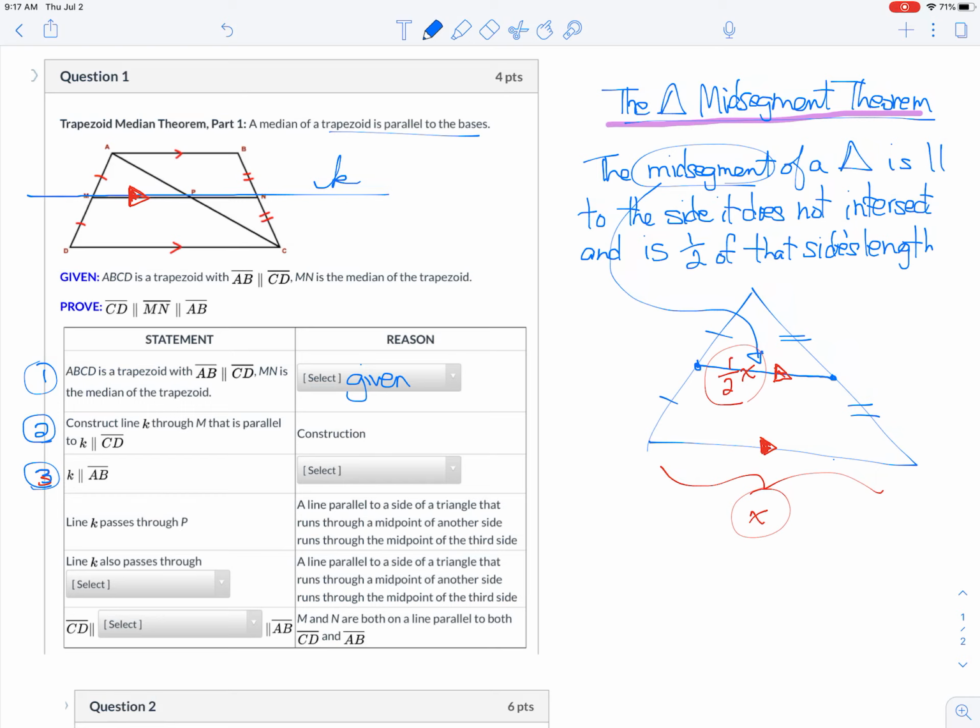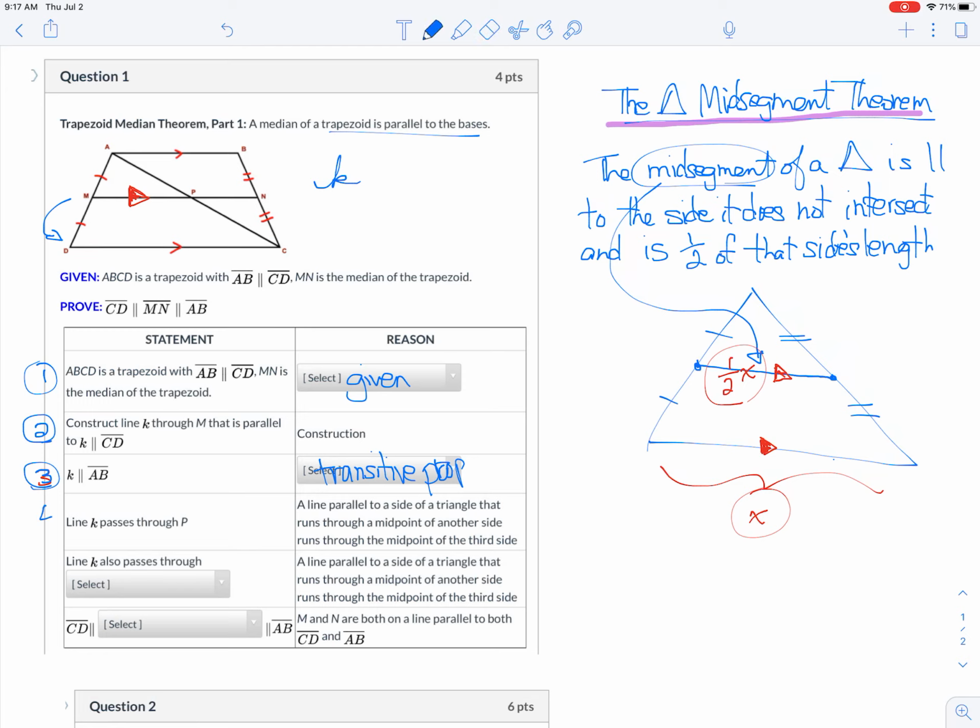Didn't I say K is parallel to AB because... Oh, whoa, AB is parallel to CD. This line K is parallel to CD, so by the transitive property of parallel lines, we can say that K is parallel to AB. They're all three parallel together.